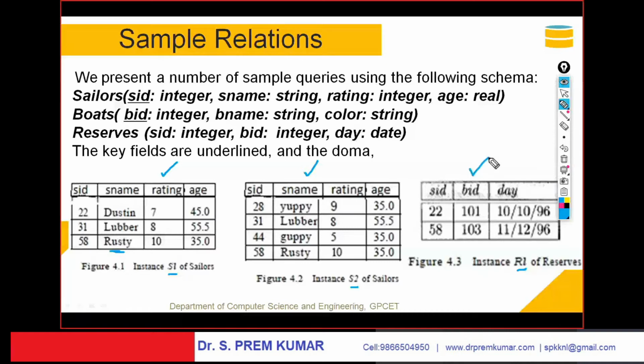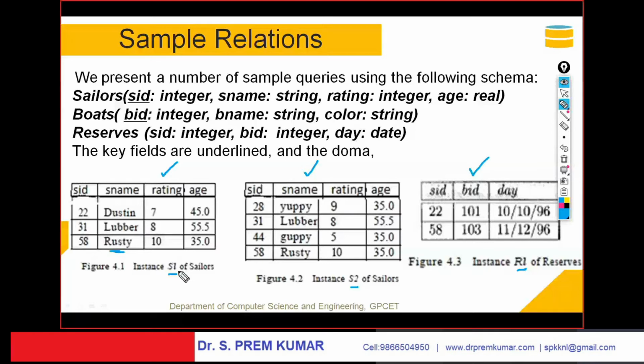This is the table reserves, which contains sailor ID, which is integer, boat ID is integer, and day is of date type. So you can have relations represented in this form: boats, reserves, students, college, employee, and so on. You can represent the relations in relational algebra like this in a tabular form.